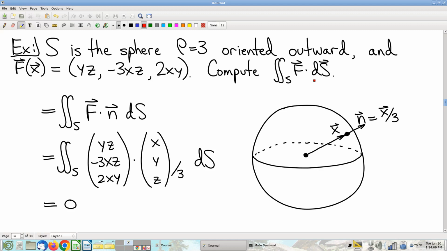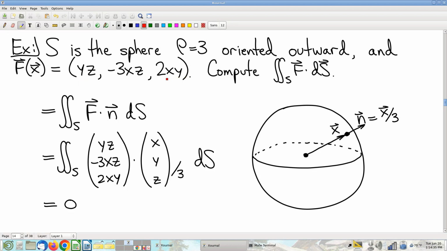X, Y, and Z each would be chock full of trig. And then you're also going to have to take the various partials and cross product, and oh my gosh, that'd be a tremendous amount of inconvenience. So I don't think that's a good plan. Let's hope we can find a better option.